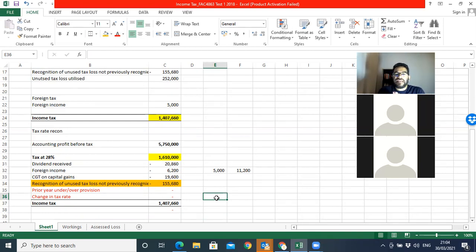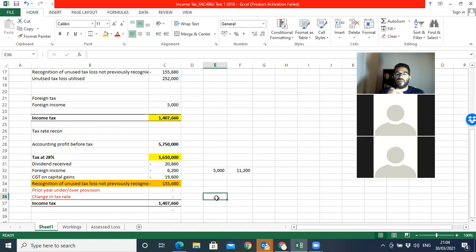Very important, the accounting profit over here is accounting profit before tax. So please take note that the tax rate recon deals with the reconciliation between accounting profit before tax and income tax.